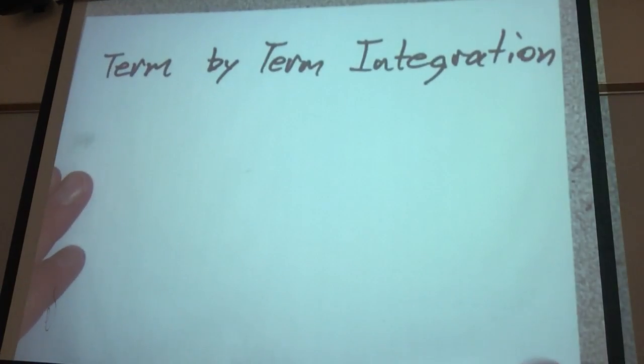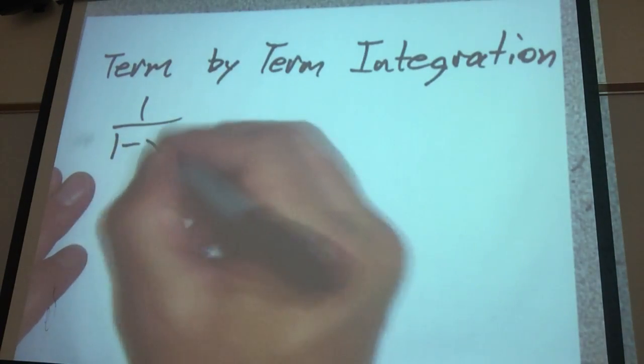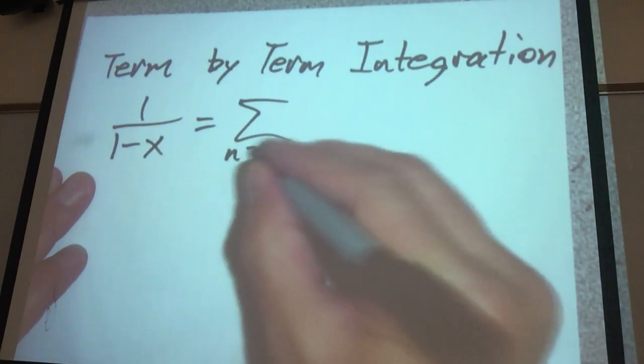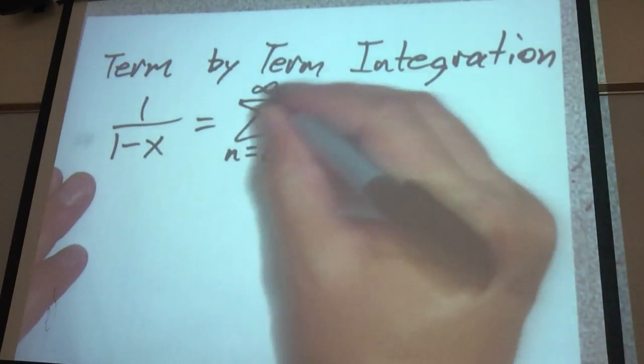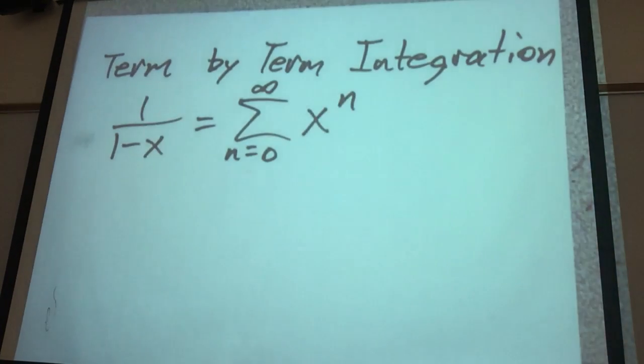So if I start off with something like this, the sum n equals 0 to infinity of x to the n. We already investigated this problem. We determined its radius and interval of convergence just a minute ago.